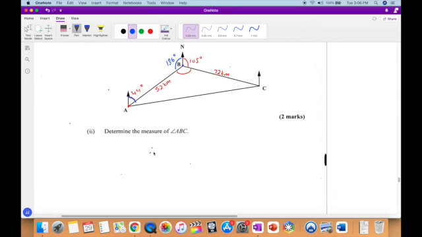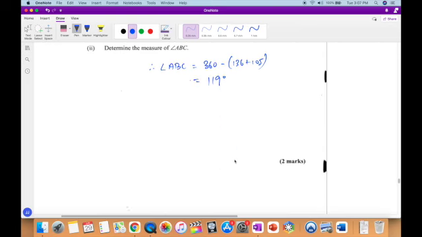So therefore, angle ABC is equal to 360 degrees, angles around a point, minus the 136 plus 105. So that'll give us 136 plus 105 equals 241, and 360 minus 241 gives us 119 degrees, right?